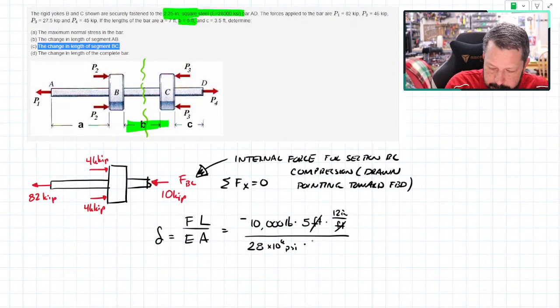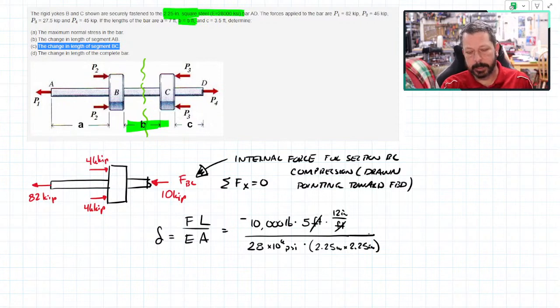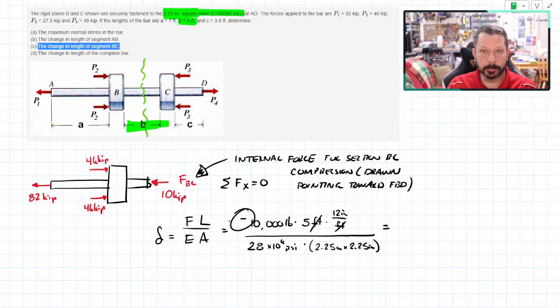So the area is 2.25 inches by 2.25 inches. And we know all of those numbers. We should be able to throw them into a calculator and get our delta, which should be a shrink. The delta is negative in this case because of the compressive force in that section.